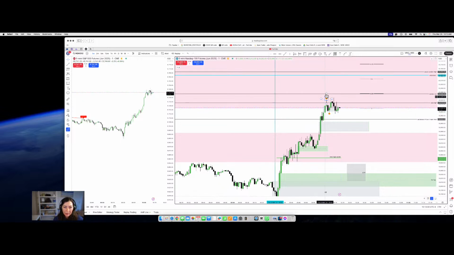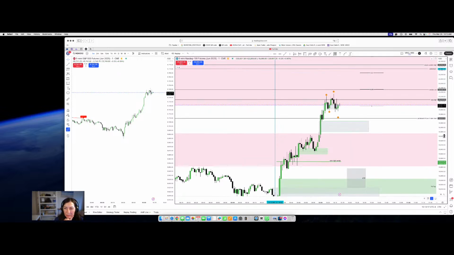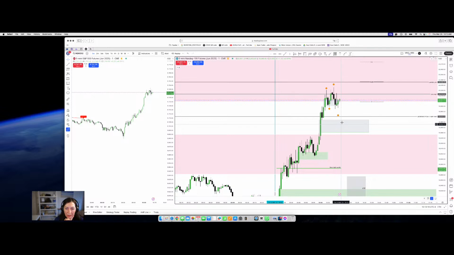Low, higher high, but not by much. It's a wick. I want to see a candle body. Then if price were to dip below this low, which it may or may not do, that would be potentially what a breaker block might look like, but it's not there yet.